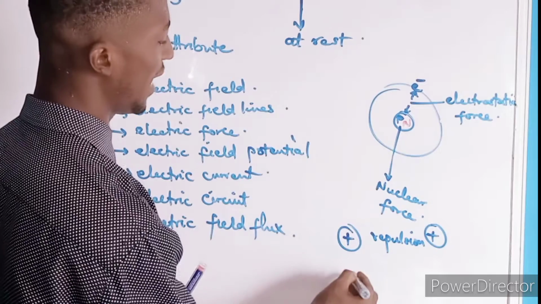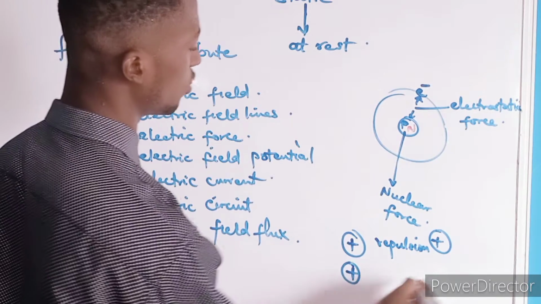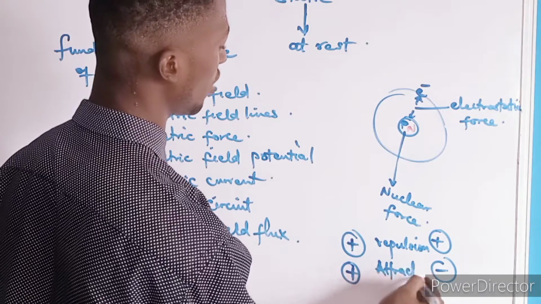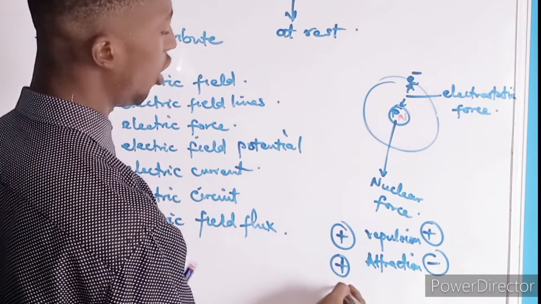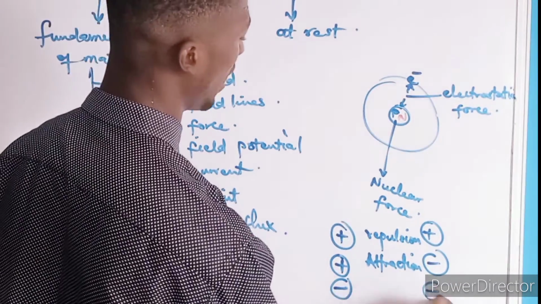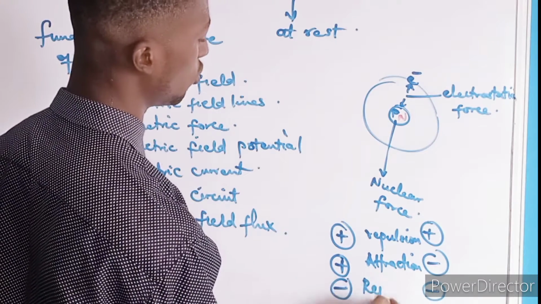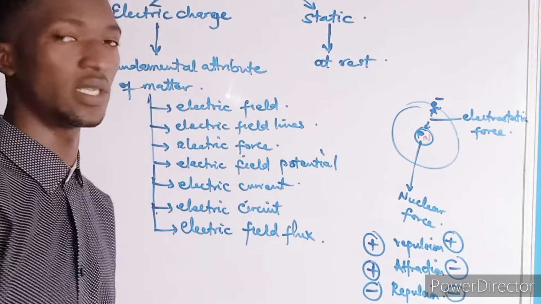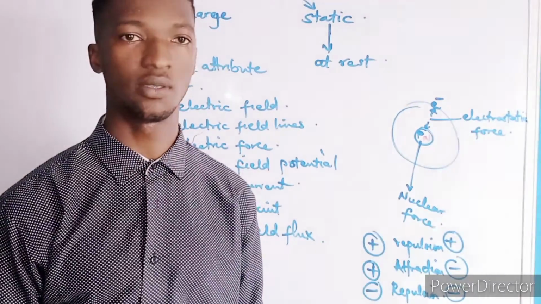When I have a positively charged particle and a negatively charged particle, what I have here will be attraction. When I have a negatively charged particle and a negatively charged particle, it will also result in repulsion. So here we have repulsive forces existing between these charges.